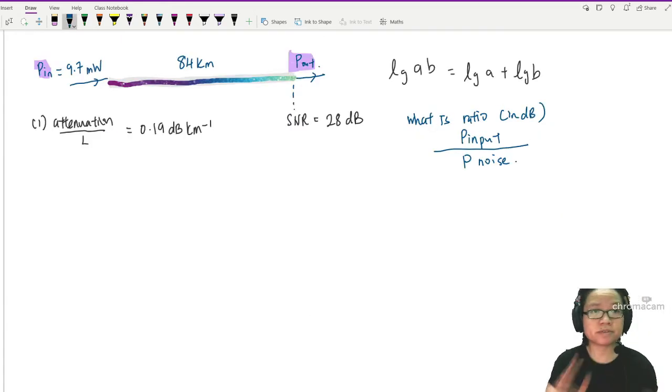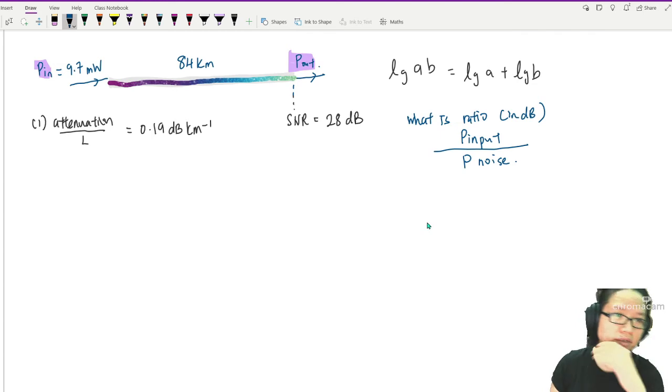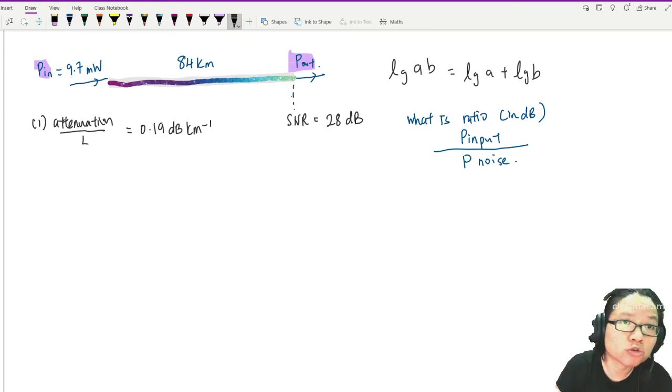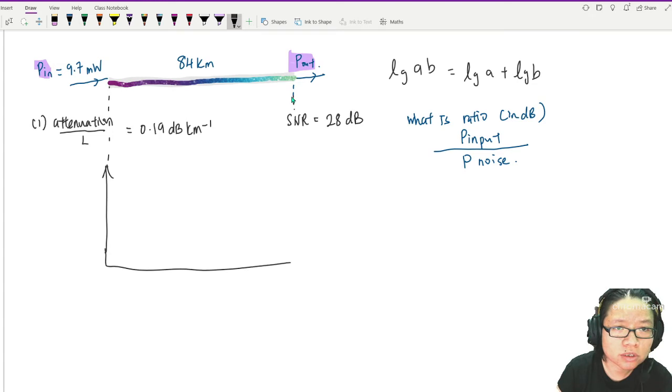Okay, so here I have summarized the question in a handy dandy drawing, so I got more space. You have the attenuation per unit length along the 84 km optic fiber. This means that the intensity of the input signal will attenuate or will drop. If it helps you, you can always sketch a graph if you're a very visual person. No harm there, so I'm just going to sketch out a graph or a rough drawing.